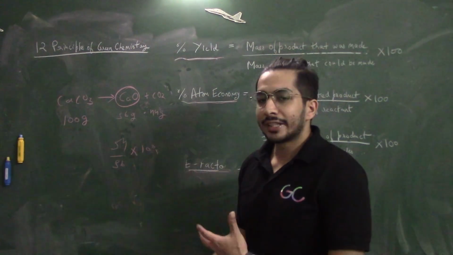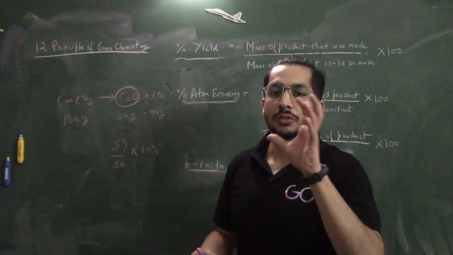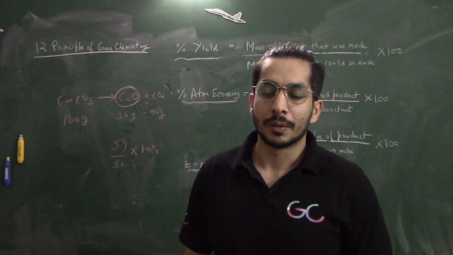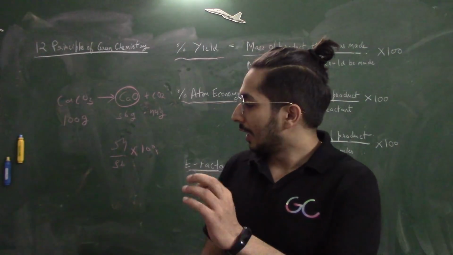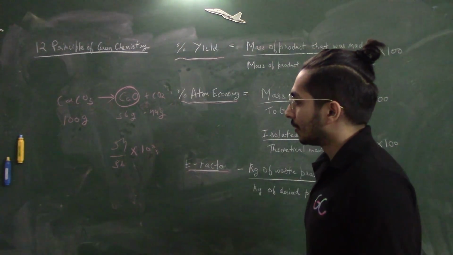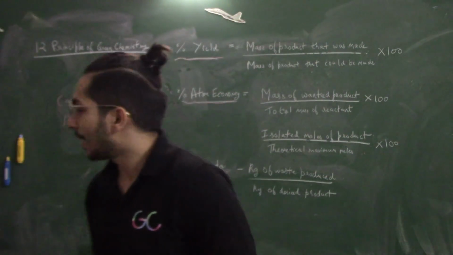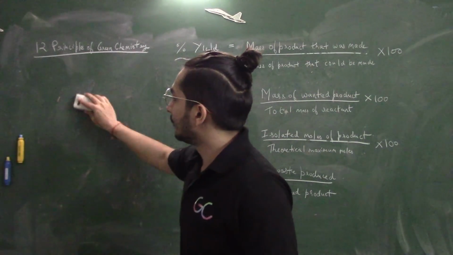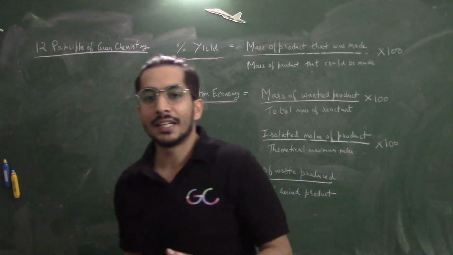So a lot of scientists earlier thought that if the percentage yield of the reaction is very good, then the reaction is very efficient, but that is not true. Okay, let me take another example to help you out. Let's take the example of the Wittig reaction, a very simple and trivial example.